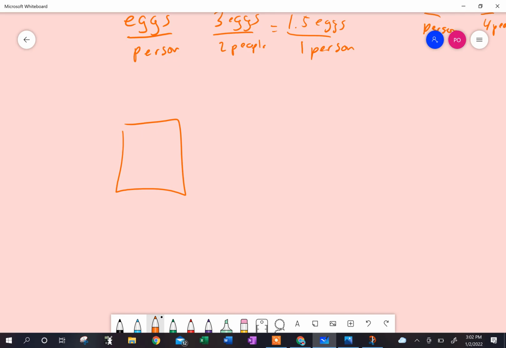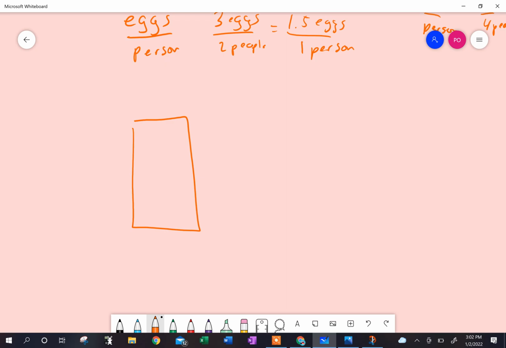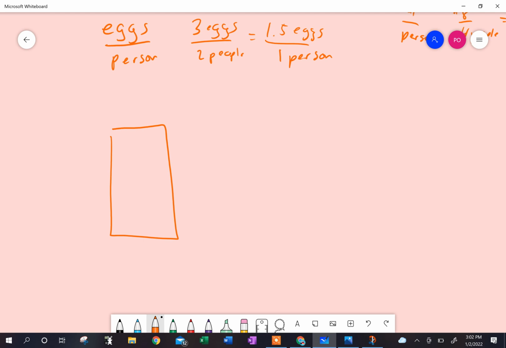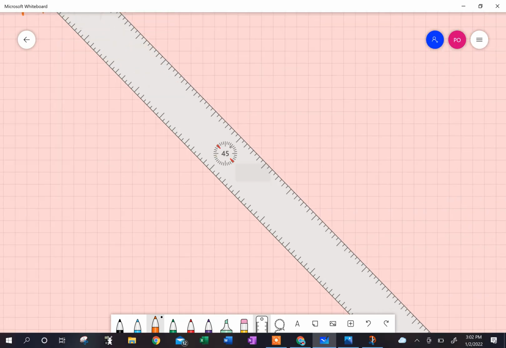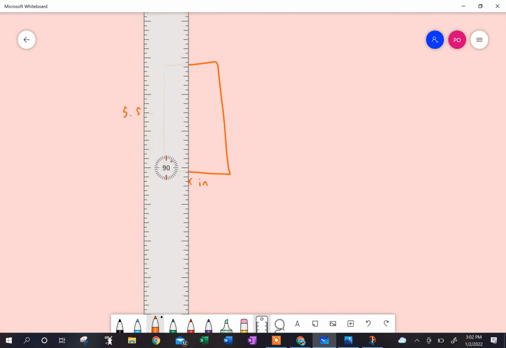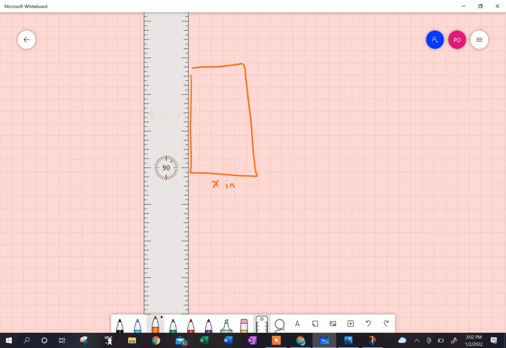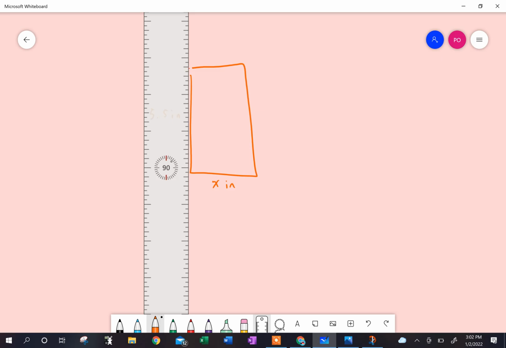Let's say I had a picture of a cell phone here, and the length of the cell phone is 5.5 inches, and I'm trying to figure out how big the width is, and I know that in my picture, well, let's see. You know what?